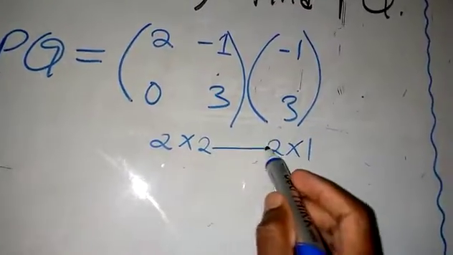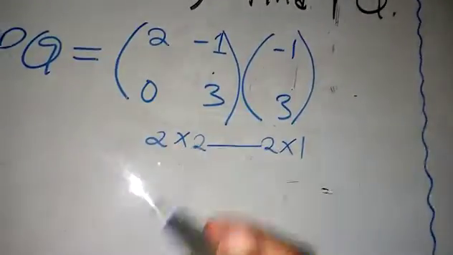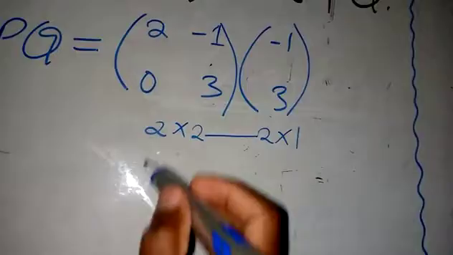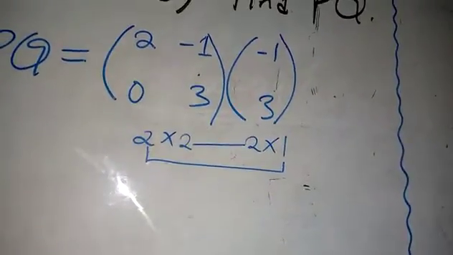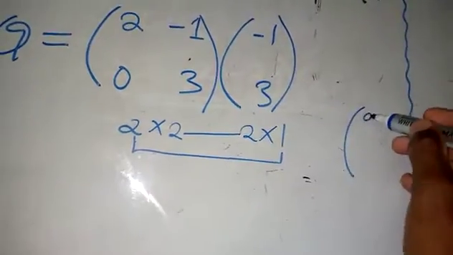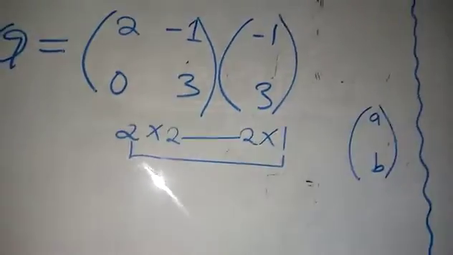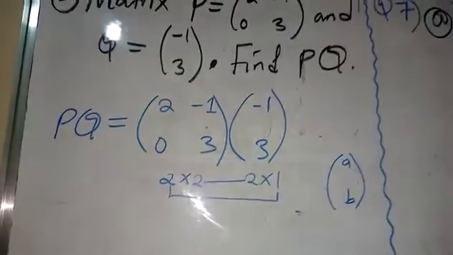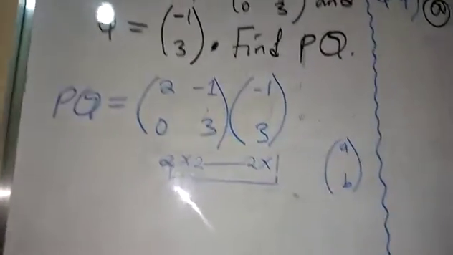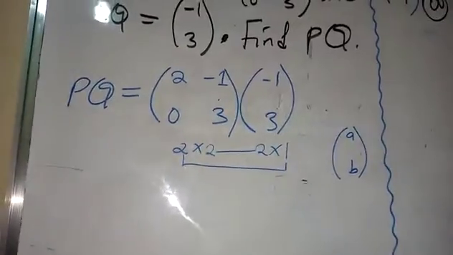If you compare these two, they are equal, it means multiplication is possible. Then our product is going to have 2 by 1 order. So the answer will look like this. Stating the order is very important because it will help you determine the order of the answer that you are looking for.